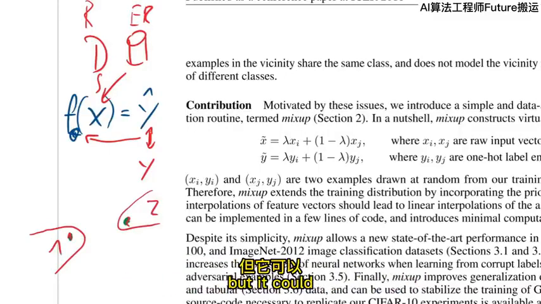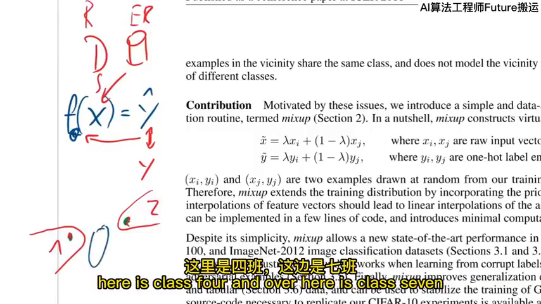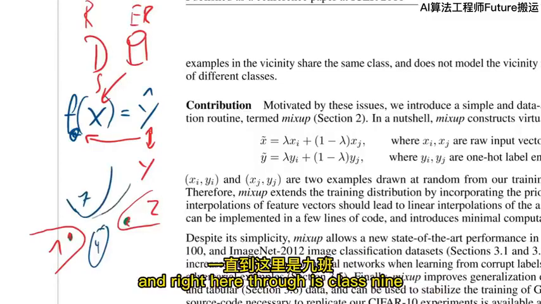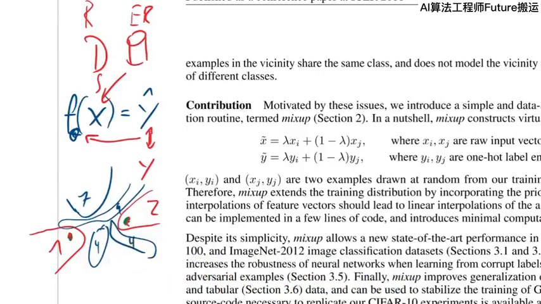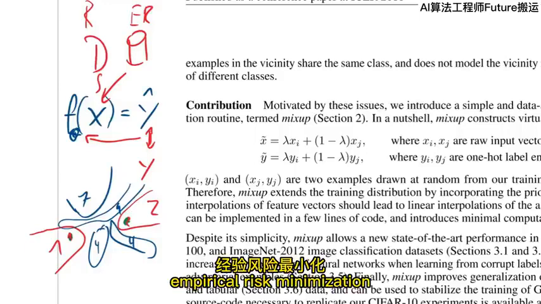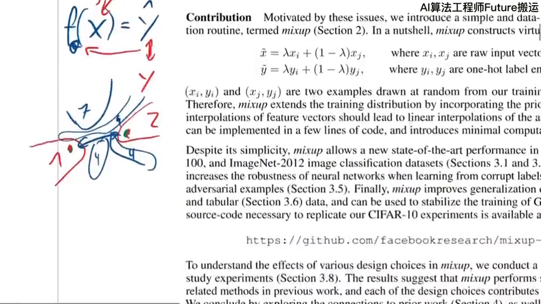But it's very conceivable that here it says, oh, here is class 4 and over here is class 7. And right here through is class 9. And by the way, here, class 4 again. So the empirical risk minimization leaves everything in between the data points open.